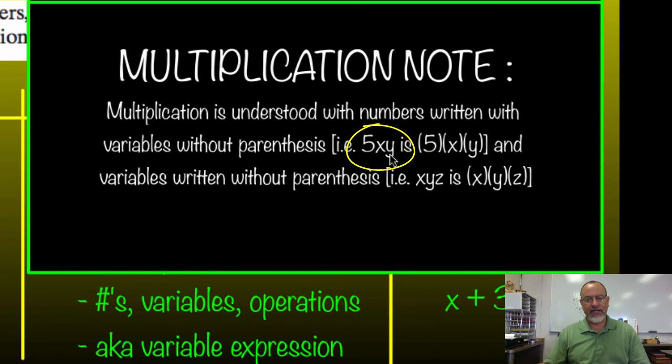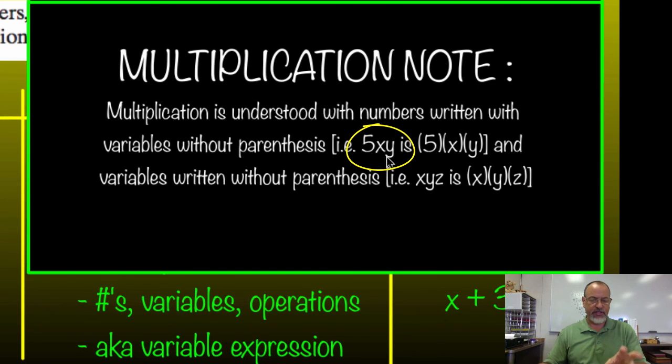In other words, 5xy actually means 5 times x times y. This is a multiplication expression, even though there aren't any parentheses, there isn't a multiplication symbol, and there isn't a dot multiplication symbol either, and there aren't any other symbols. So I want you to get used to that. This is a multiplication problem here, and it's representing multiplication.